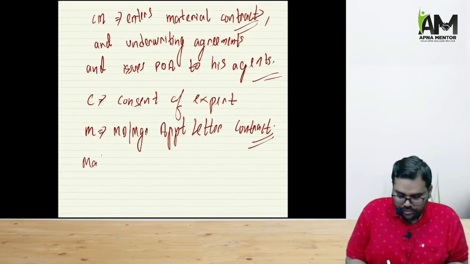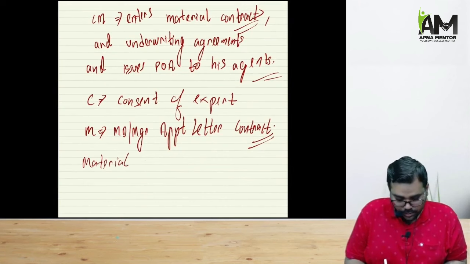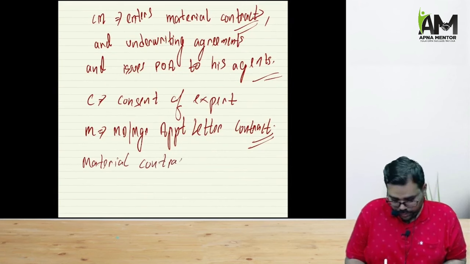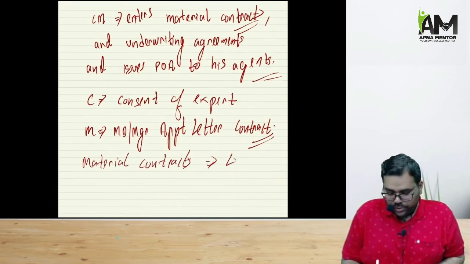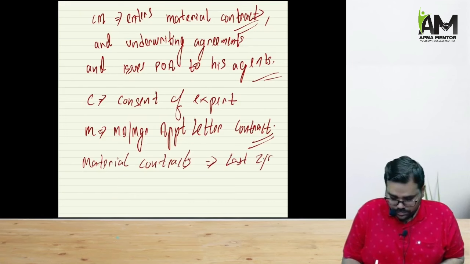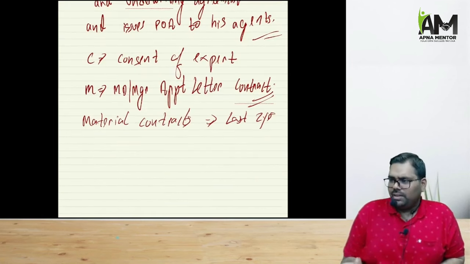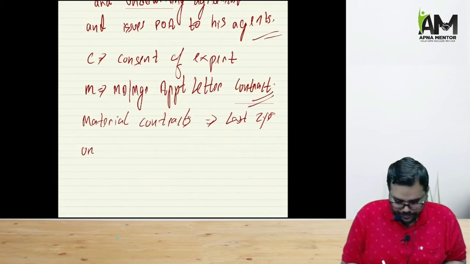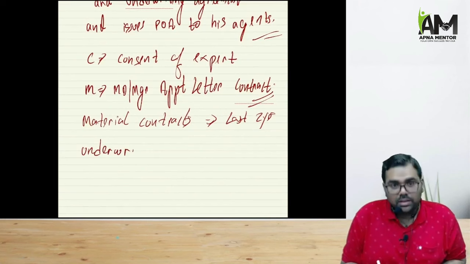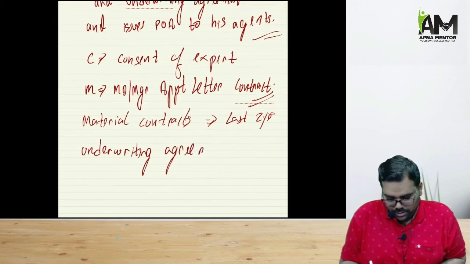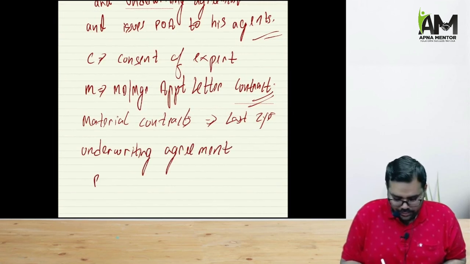Then material contracts entered in the last 2 years. Underwriting agreement and the power of attorney.